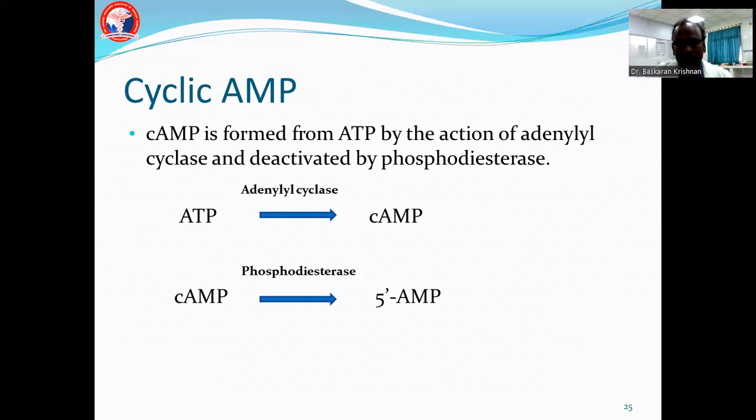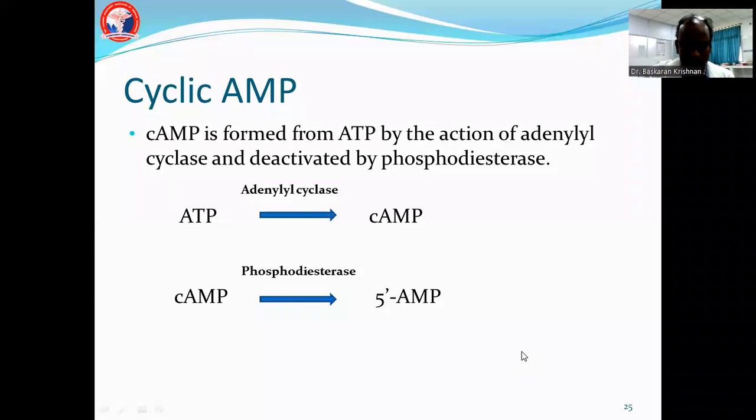Once a hormone, in the case of glucagon, is induced through the receptors, we can talk about phosphodiesterase. Once the hormone action is over, the cyclic AMP is destroyed by phosphodiesterase, and therefore the hormone action is terminated.